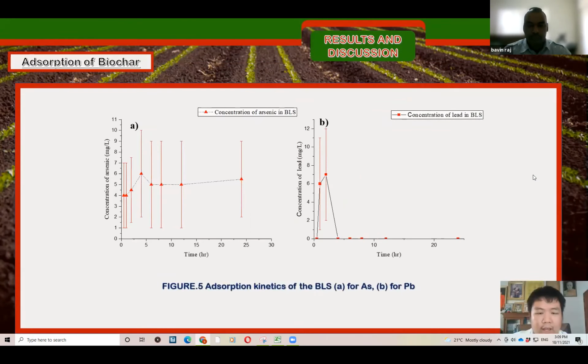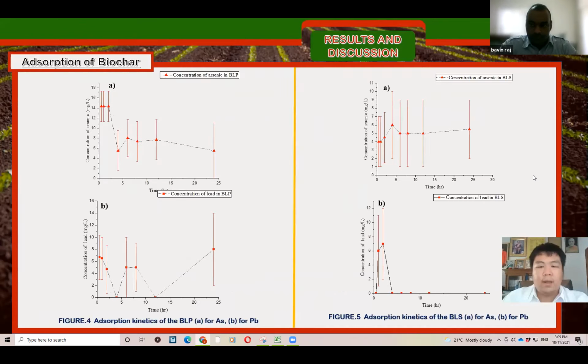In Figure 5a, it shows the arsenic content after shaking at 0.5 to 24 hours, and in Figure 5b, it shows the lead content after shaking at 0.5 to 24 hours.